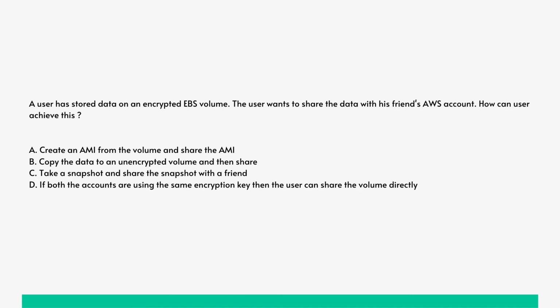Option B, copy the data to an unencrypted volume and then share. Option C, take a snapshot and share the snapshot with a friend. And option D, if both the accounts are using the same encryption key, then the user can share the volume directly.